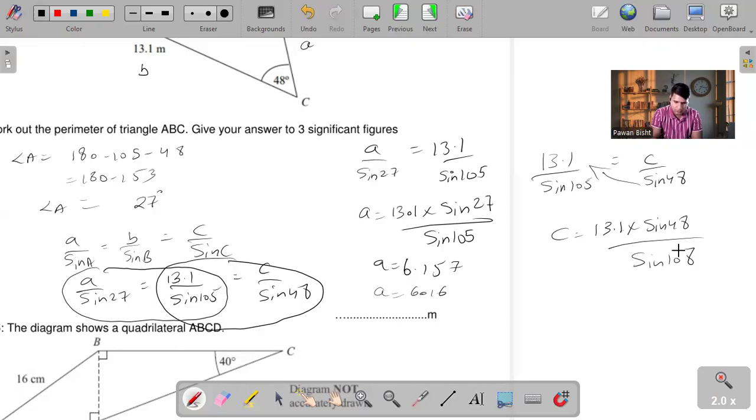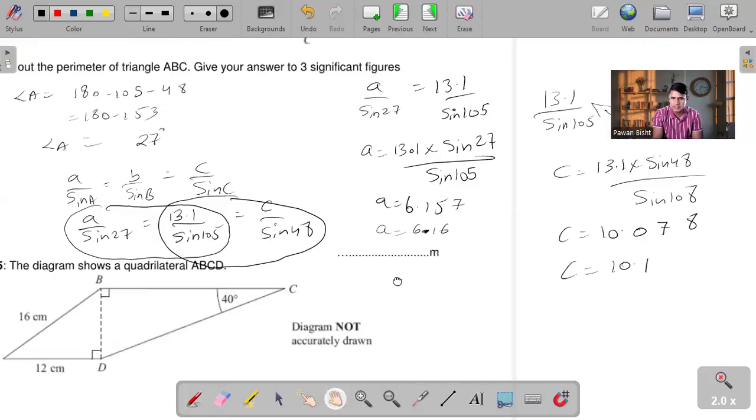I again put the values in the calculator. This is coming 10.078, and they say give the answer to three significant figures. So it will be 10.1.